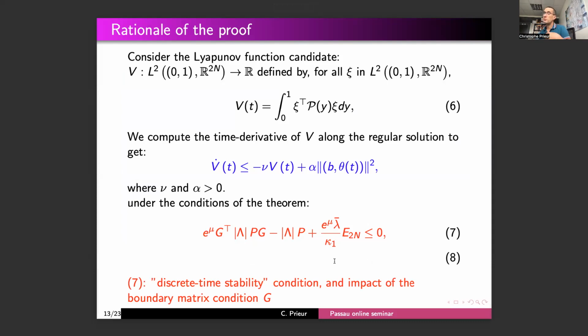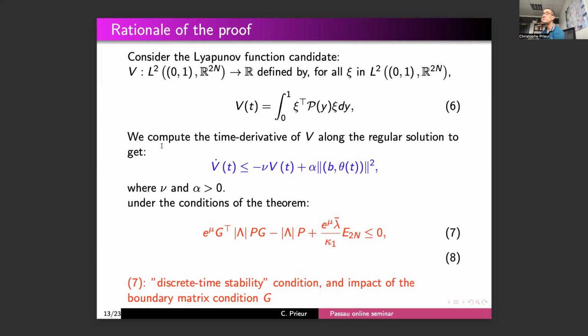I just introduced, following the work of Jean-Michel Coron, Georges Bastin, Miroslav Krstic, and many other great researchers, a quadratic Lyapunov function candidate with the weighting function given by the diagonal matrix P, scaled by the exponential of y or minus y depending on the sign.